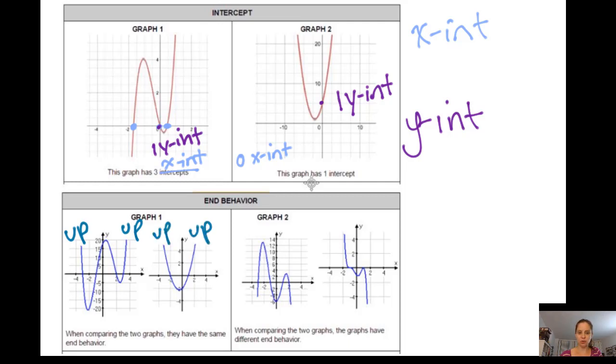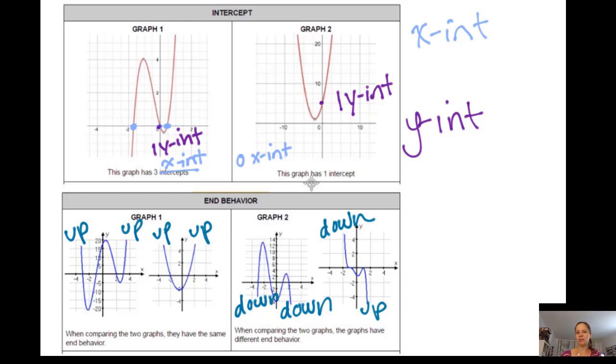And in graph 2, it says when comparing these two graphs, the graphs have different end behavior. That's because in the first graph, the ends are going in the same direction, in this case down. And in the second one, down, up.